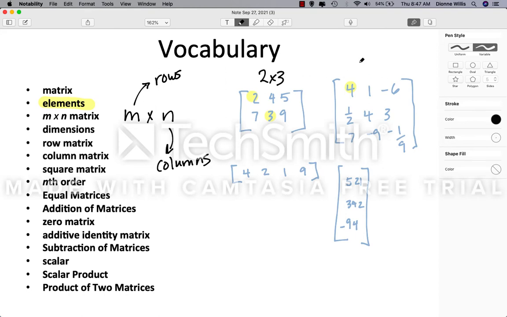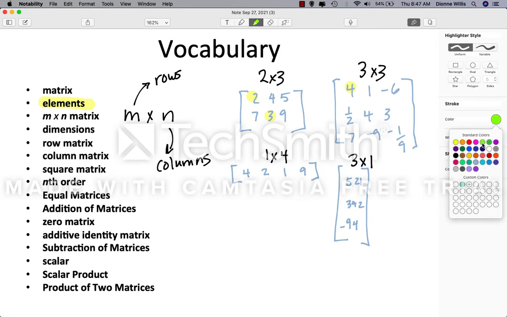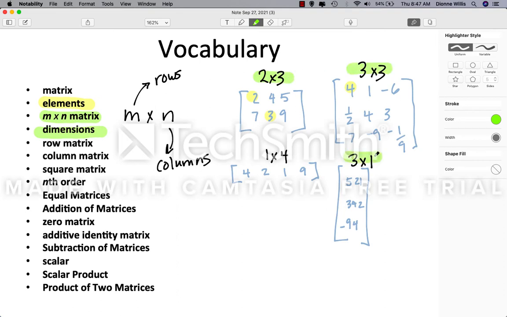Over here, we have a 3 by 3 matrix. Here we have a 1 by 4, and here we have a 3 by 1. The dimensions of the matrix is how we describe them. So another way of talking about the dimension is to talk about the m by n-ness of the matrix.